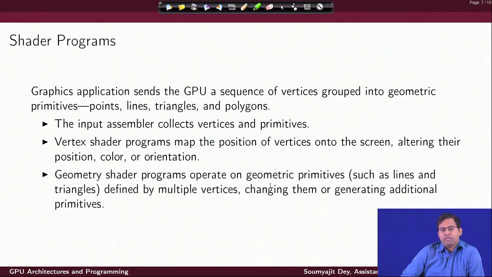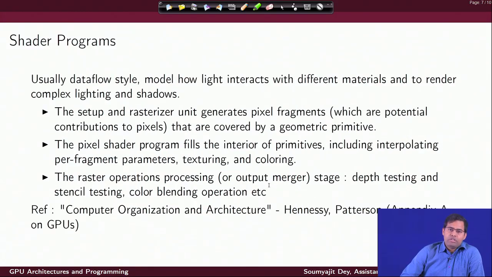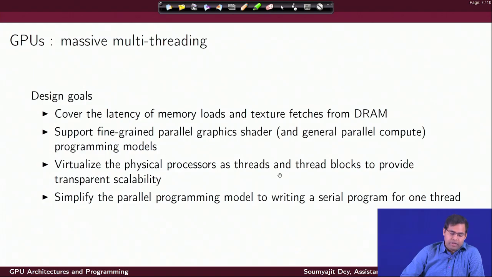The higher the rate at which you can render the graphics, the more realistic the images and movements would seem, right. So, the overall goal was to cover the latency of memory loads and texture fetches from the DRAM.